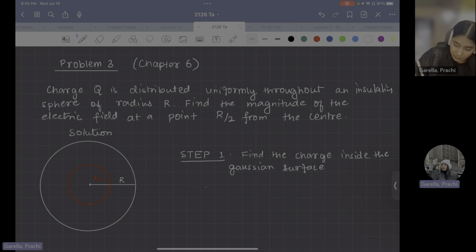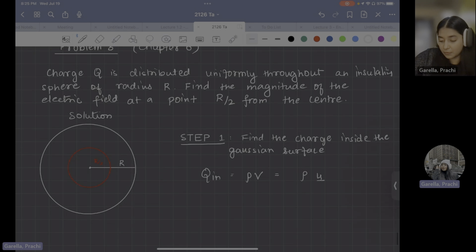Q inside is just rho V, and we know what the volume of a sphere is. It's 4/3 pi radius cube. Okay, and what is the radius for this Gaussian sphere?